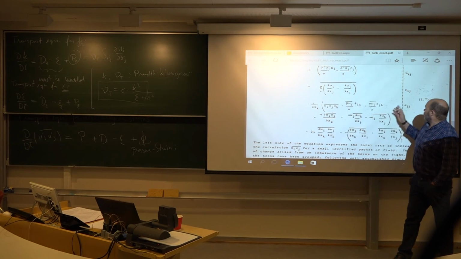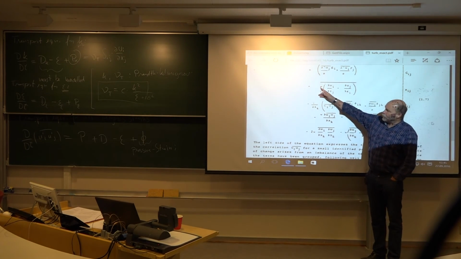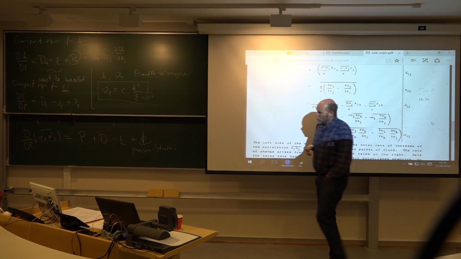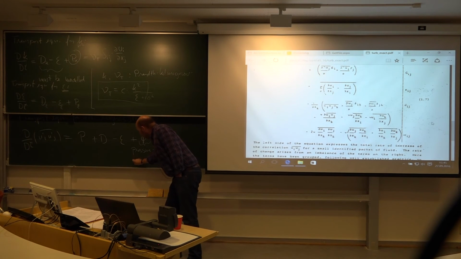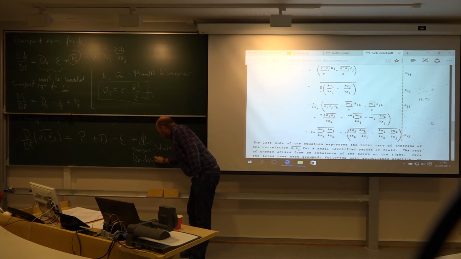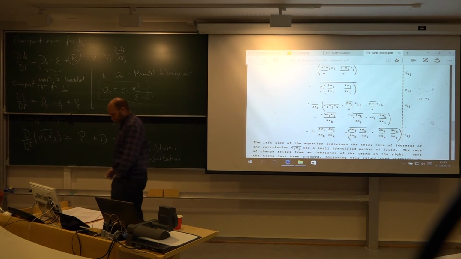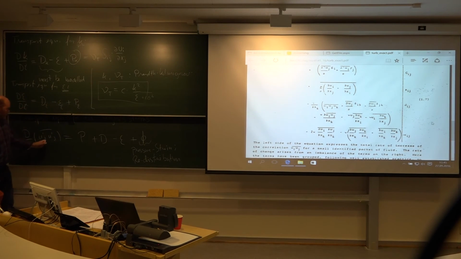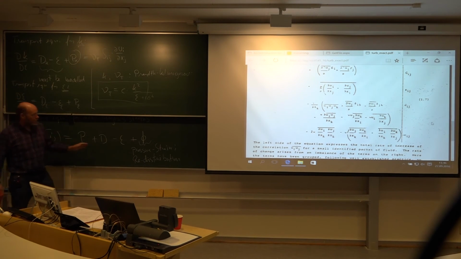Pressure strain, that is what it physically is. If you look at the analytical equation for it, pressure fluctuation multiplied with the strain. What it actually does is redistribution, because remember, the Reynolds stress is a tensor. It's a 3x3 matrix, but it's symmetric, so 6 unknown functions here. And this redistribution can take energy from one of these components and give it to some of the others.